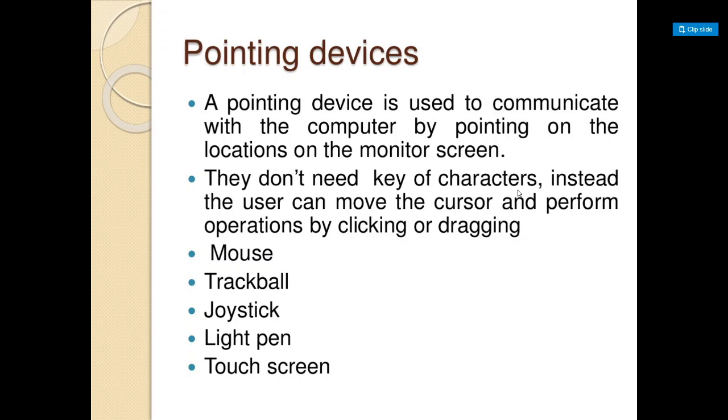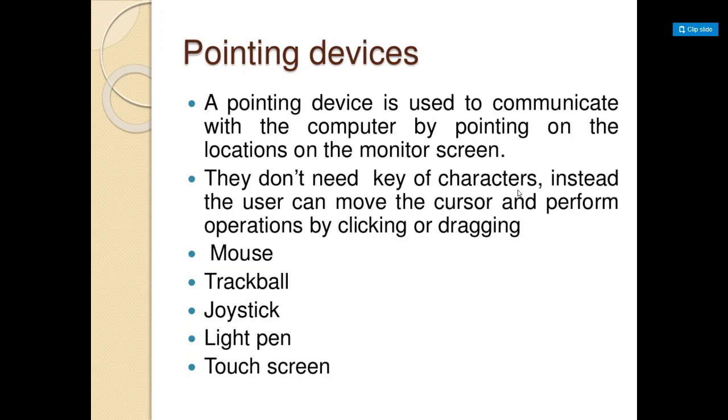Otherwise the user has to remember every command he has to type for opening a document, closing a document, or whatever he needs to do. But now we can just click on the icons that are present, that we call a graphical user interface, and we just need to click it, because it is said that human memory remembers pictures very well rather than commands and all that. So it's an easier way to work on the system.